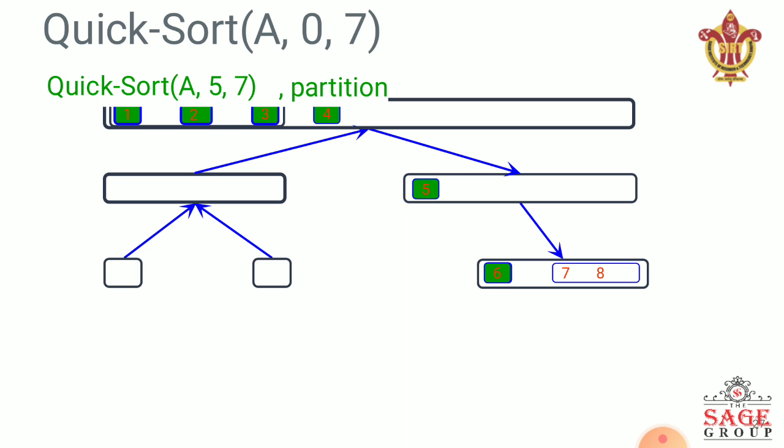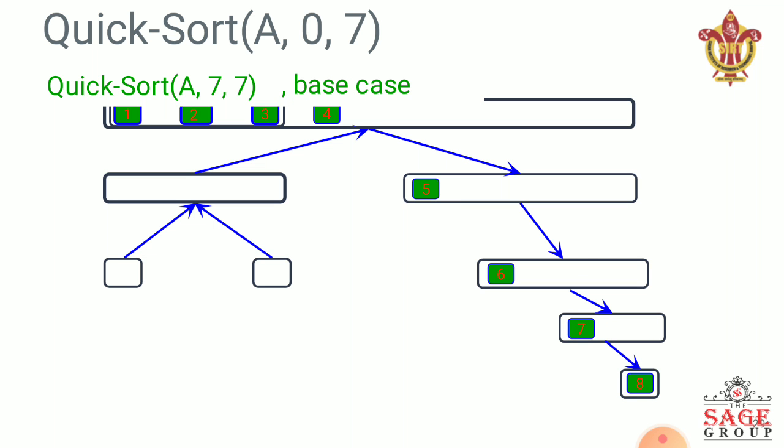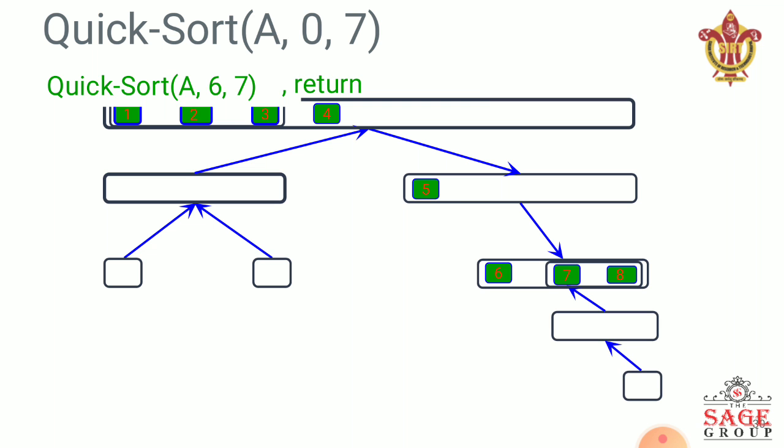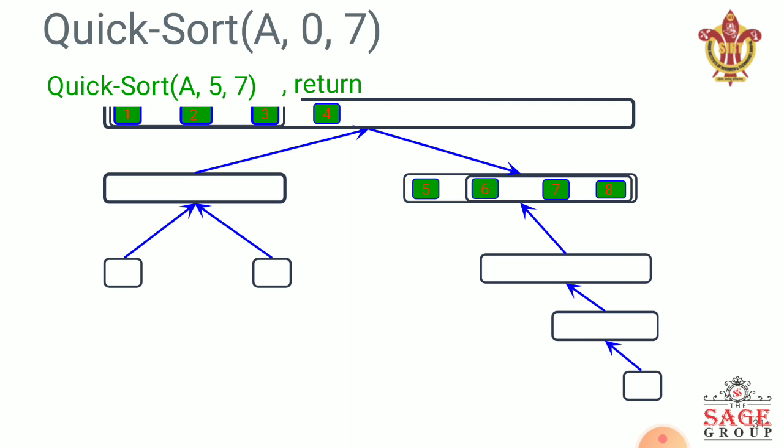So this is the worst condition of quicksort, which consumes more time than normal. This process continues, and we receive the sorted array, which is combined with our final solution.